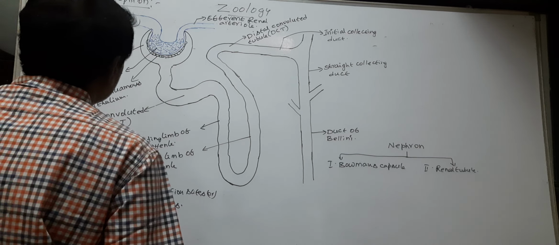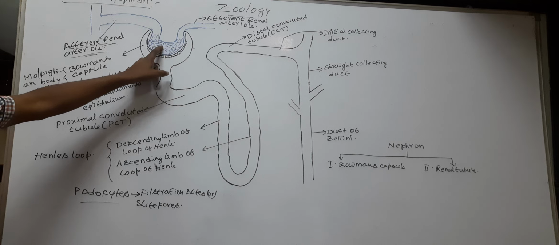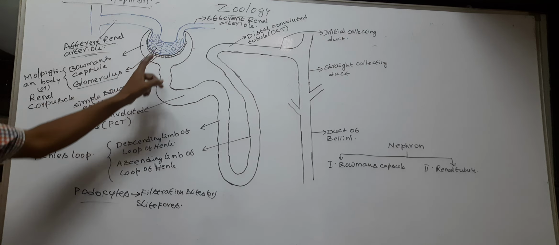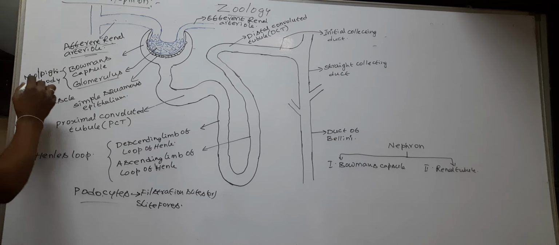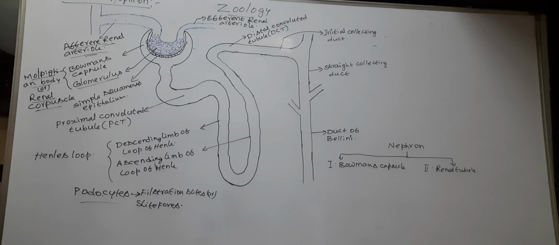Next, the glomerulus along with Bowman's capsule constitute Malpighian body or renal corpuscle.